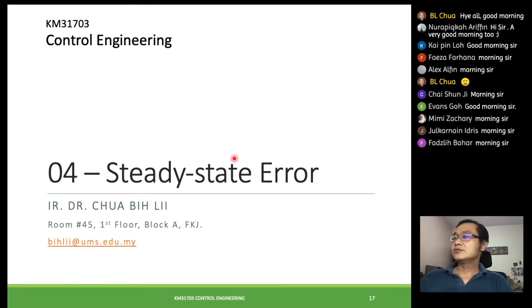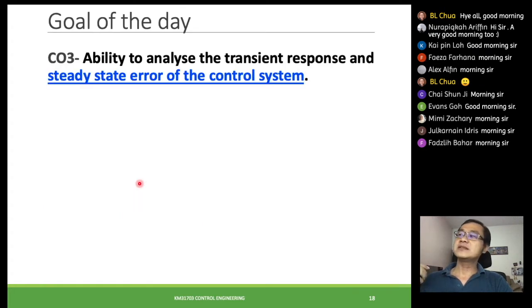Okay, so next we would now want to see the steady state error. As we know, we have a steady state value or the final value when we run systems, then it will reach our final value. The problem is whether this final value is what we want or not.